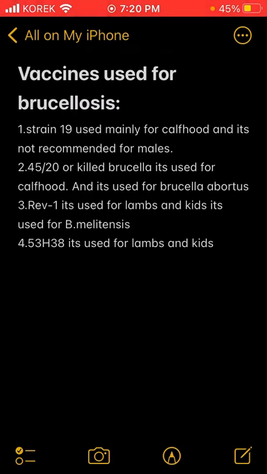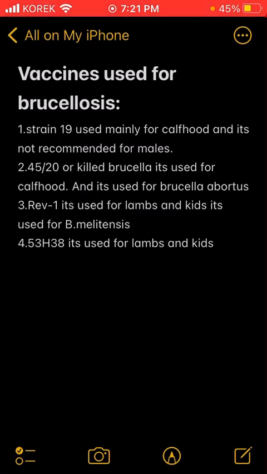For example, if a cow is treated for brucellosis, after a year the cow can get reinfected. That's the problem. Not like Campylobacteriosis, ovine genital Campylobacteriosis. No, it will not come back again. But brucellosis will come back again.